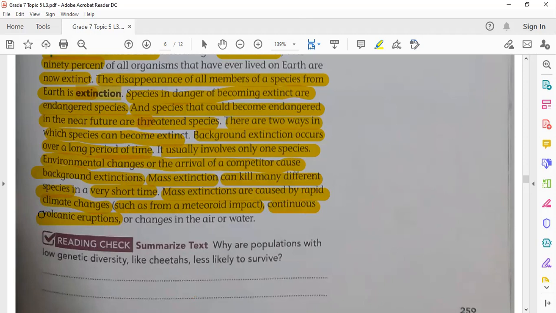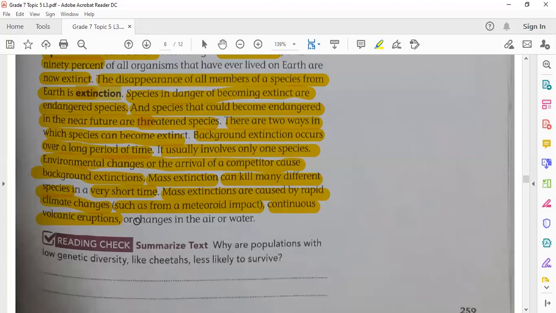When there are volcanic eruptions over a forest, it can burn all of the forest and kill a lot of species that live there. And mass extinction may happen.